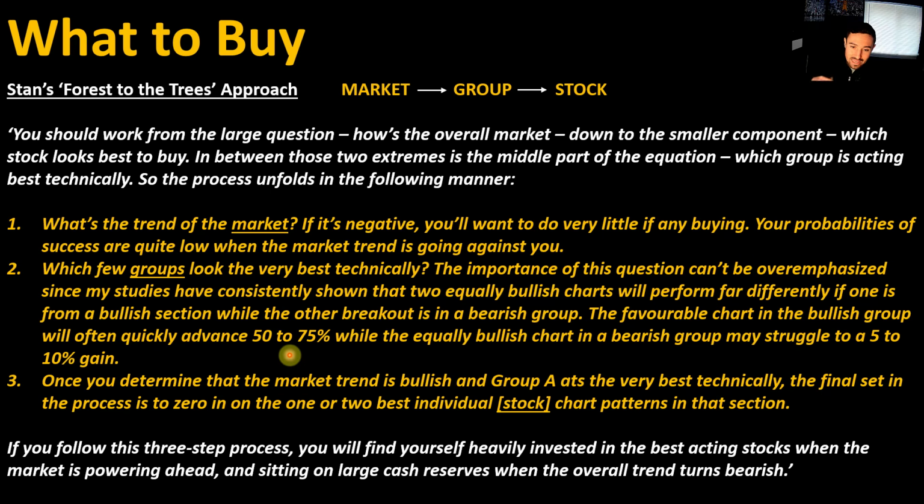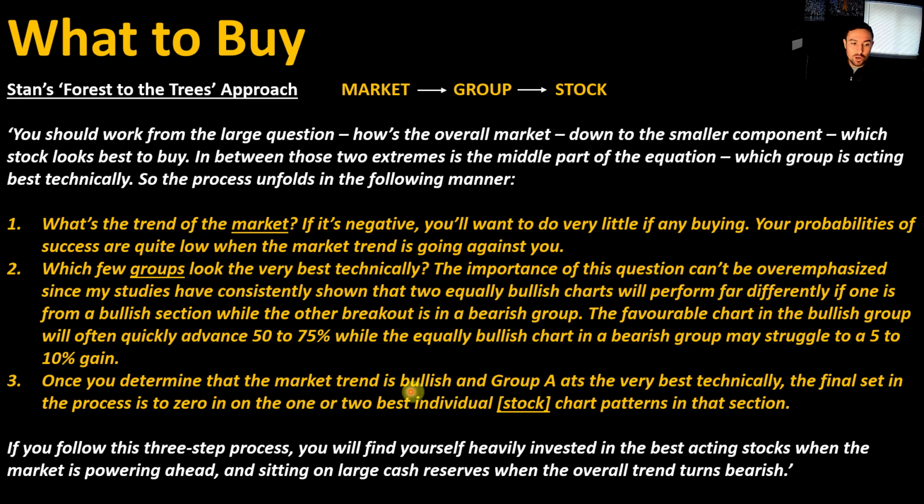So what Stan's saying there is a significant component of a stock's advance is its group action. William O'Neill actually found that 50% of a stock's move is related to its sector and also its group as well. So really, really important. I think O'Neill found that 37% was related to the sector and 12% was related to the group. So about 50%, just under.